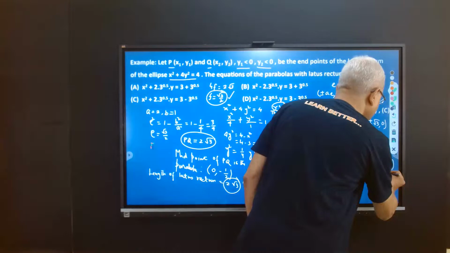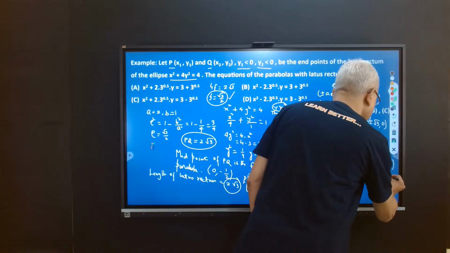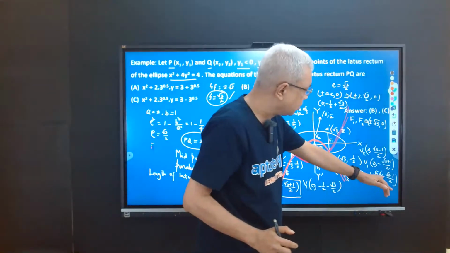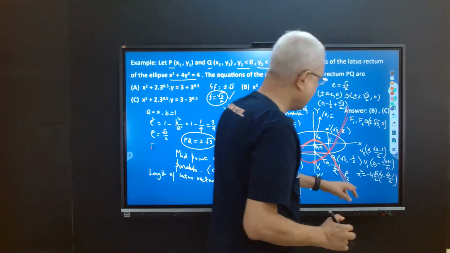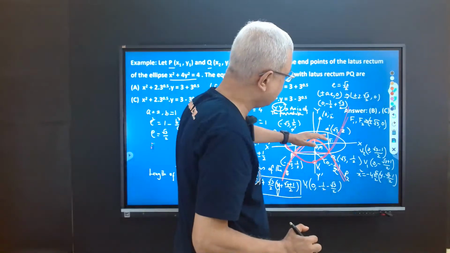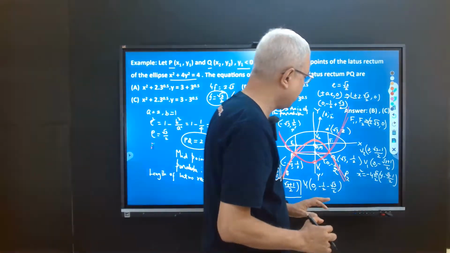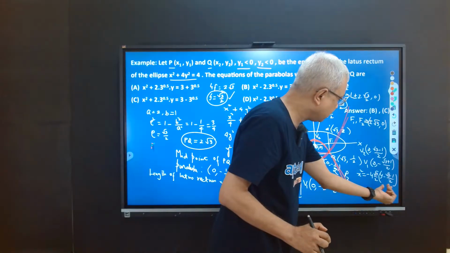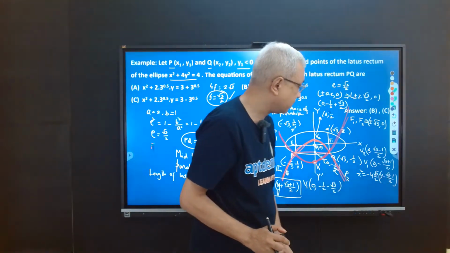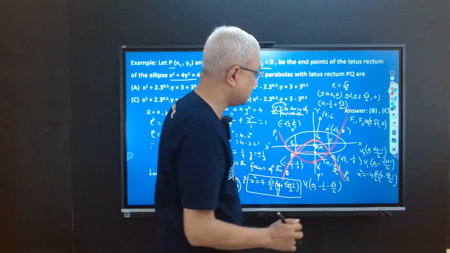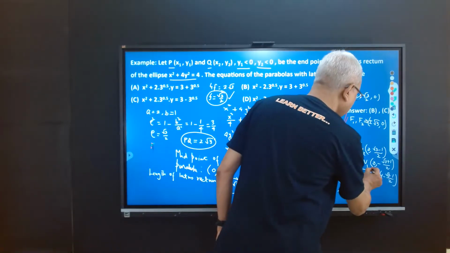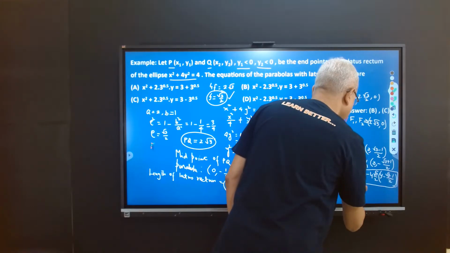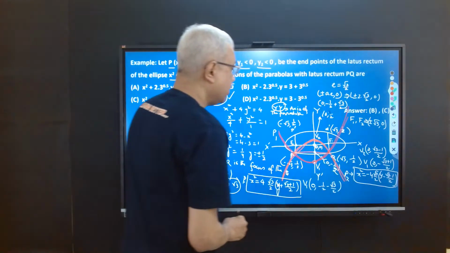So 1 minus (root 3 minus 1) by 2. And you see, if y is more than (root 3 minus 1) by 2, then this quantity becomes positive and x square becomes negative. So x becomes imaginary. So this is P2's equation.